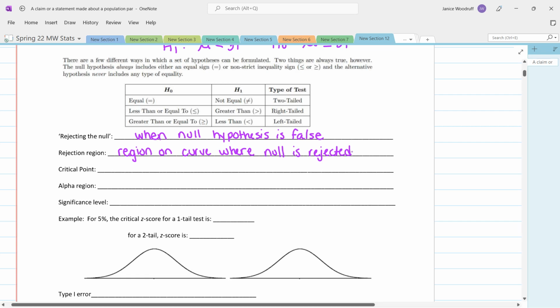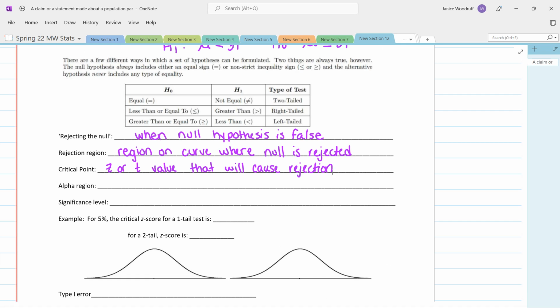Okay, the alpha region, that's just the rejection region.